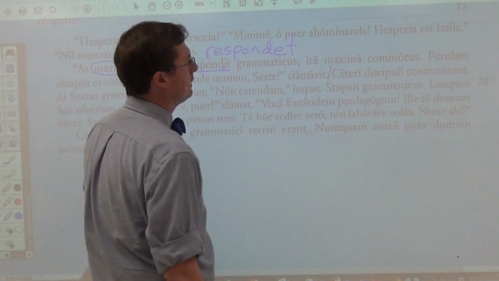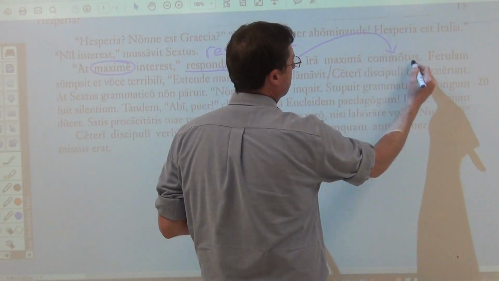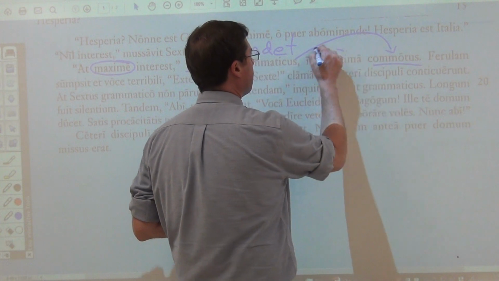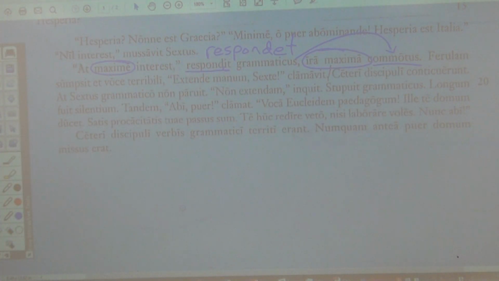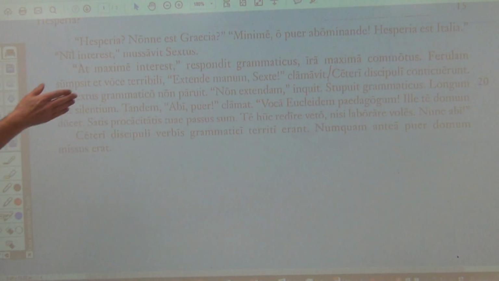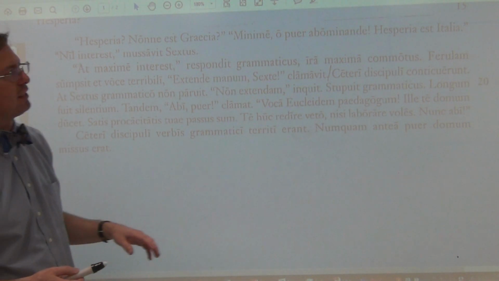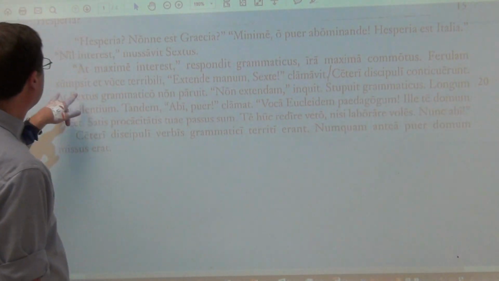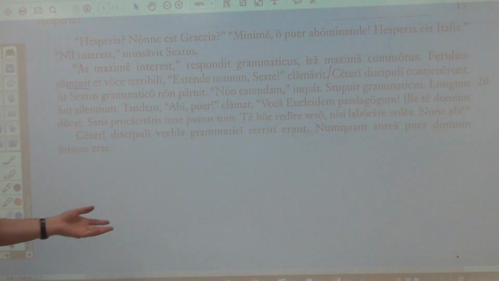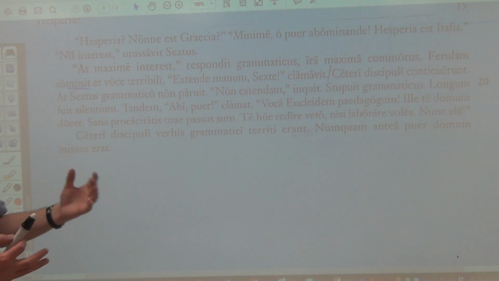The teacher responded. The teacher, having been moved, perfect passive participle, by the greatest, superlative anger. He, and again, I'm going to skip ferulam as my accusative. That is the Latin word for a cane, a new vocab word in this chapter, and go to sumpsit, which comes from sumo, sumere, sumpsi, sumptus, meaning to take up.